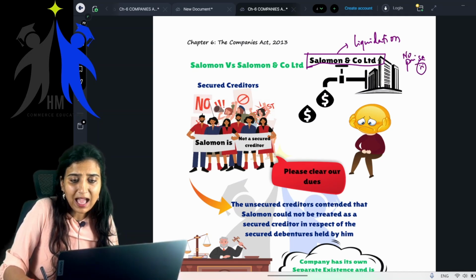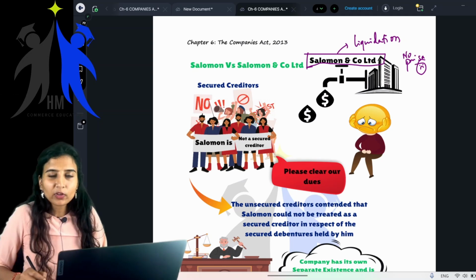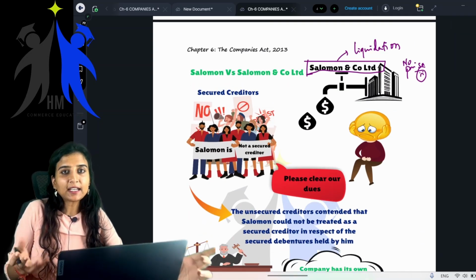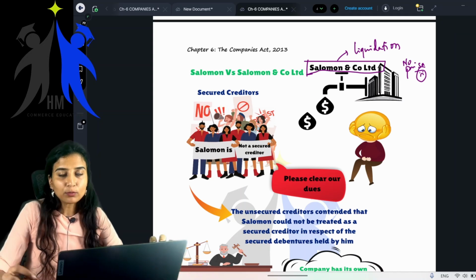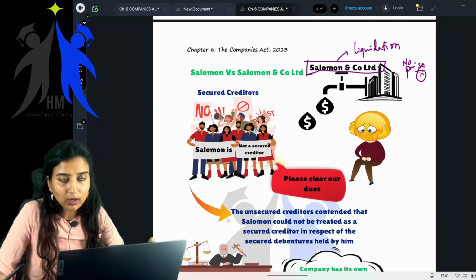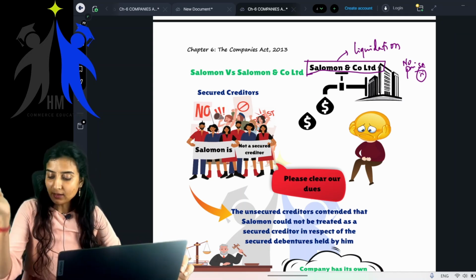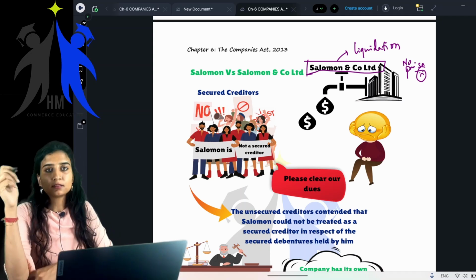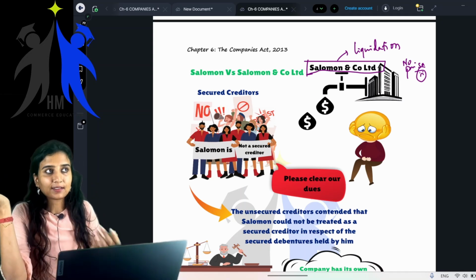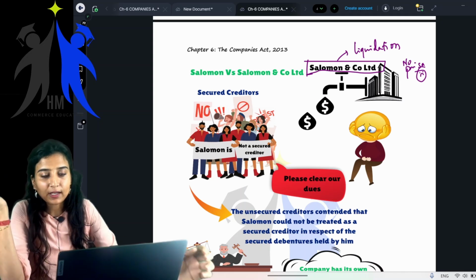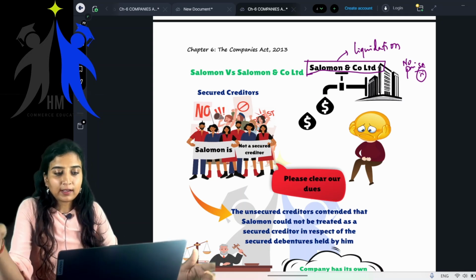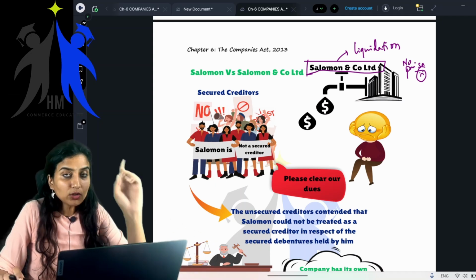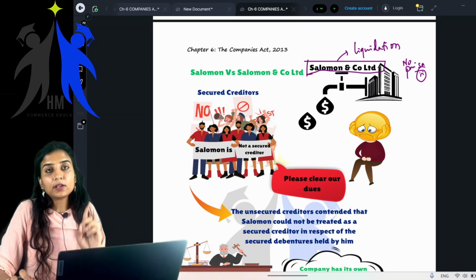The company went into liquidation because of general trade depression, they'll tell, but because the business could not run as expected, the liabilities were more than the assets, and it could not pay. It was difficult for it to run the business, so the company went into liquidation.